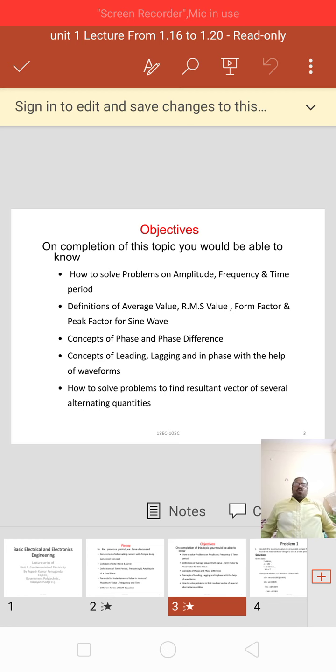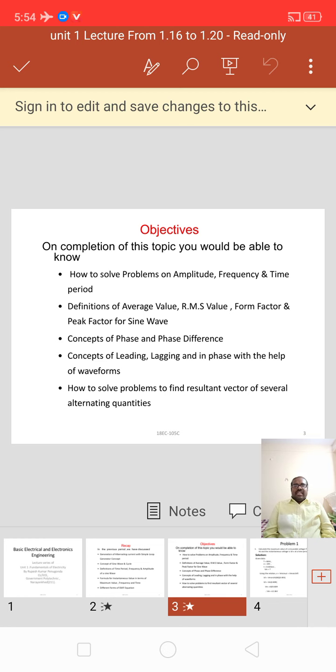When we take two waveforms corresponding to alternating quantities having a slight phase difference, the one which is ahead of the other is the leading quantity, and the other is the lagging quantity. If the two have the same time period and same frequency and no phase difference, they are in phase. Simple concepts: leading, lagging, and in phase.